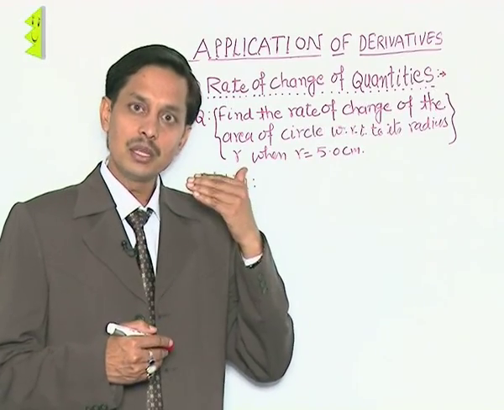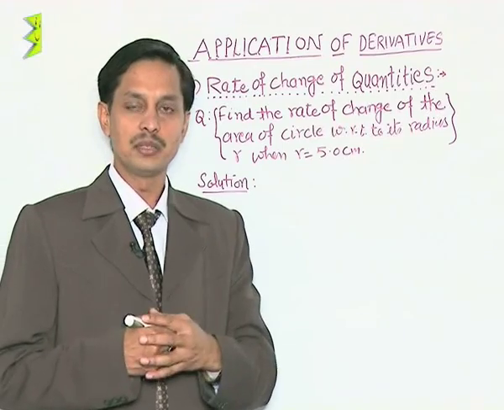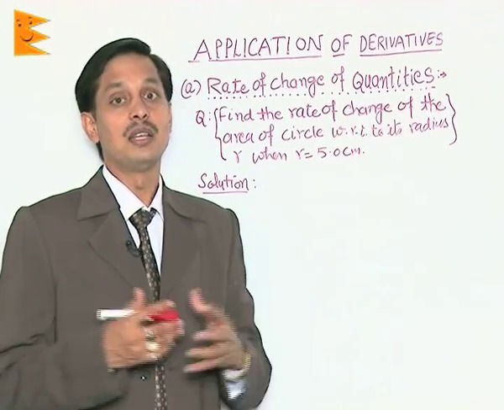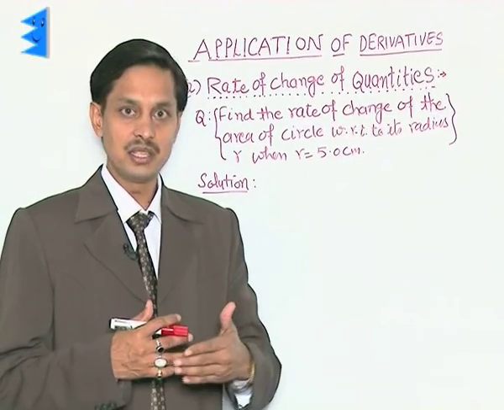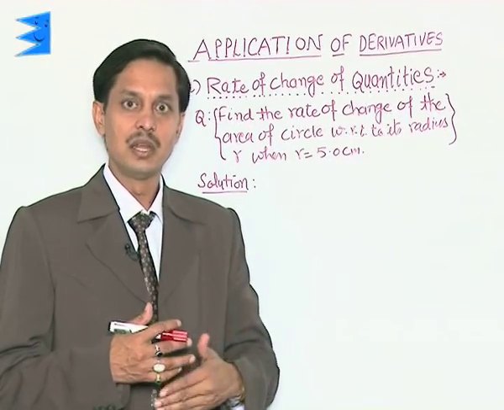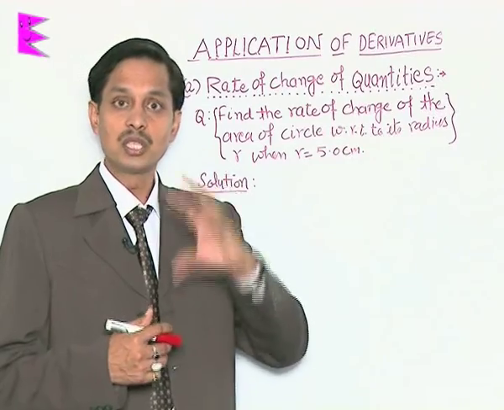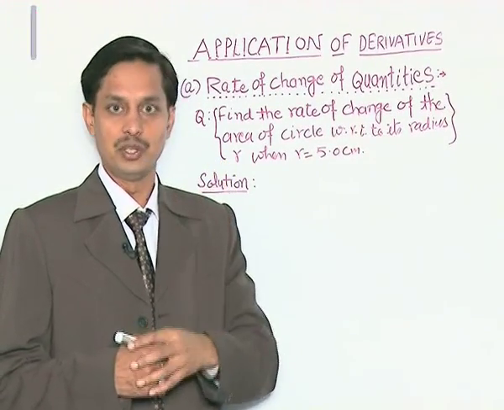If we are throwing a stone in a quiet pond, concentric circles are formed. Their radius increases, their surface area increases, their circumference increases every moment. So, this kind of change comes under the topic rate of change.